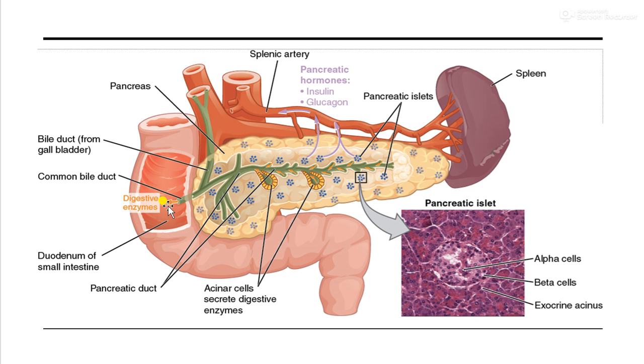Secretion is influenced by hormones including secretin and cholecystokinin, as well as VIP and acetylcholine stimulation from the vagus nerves.